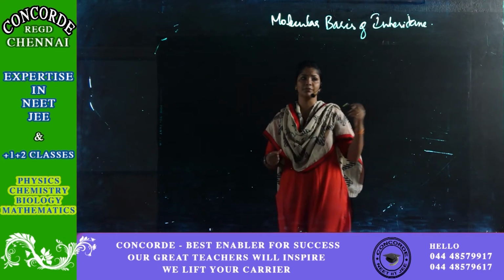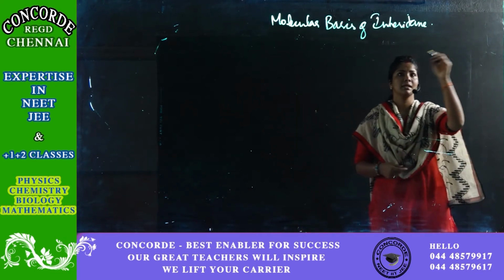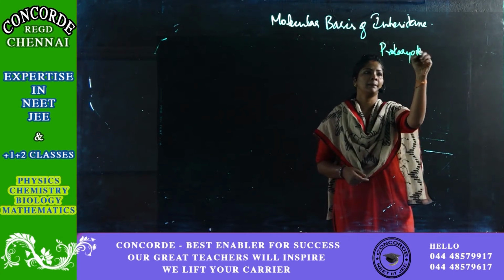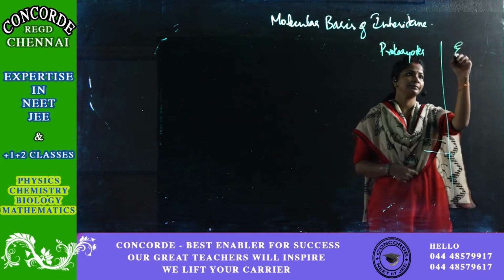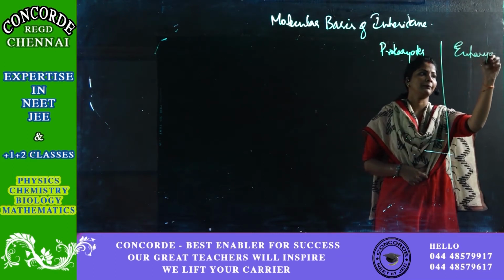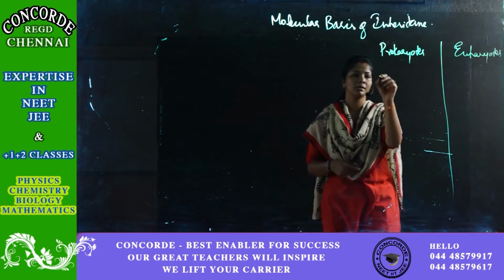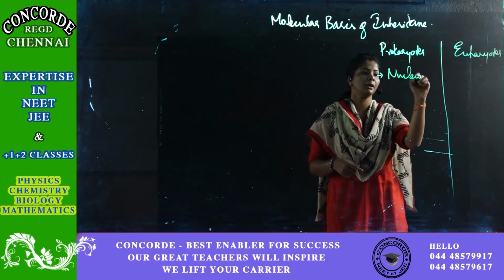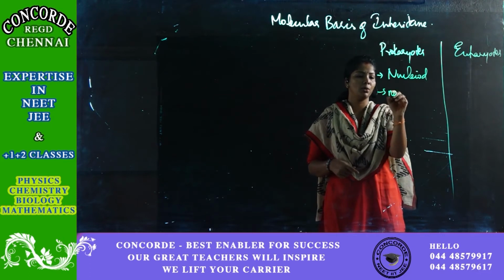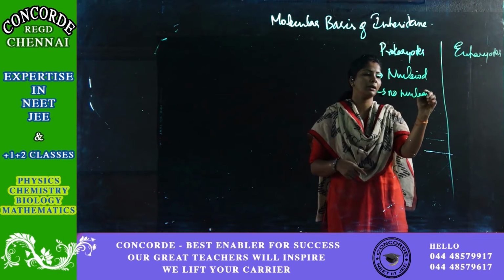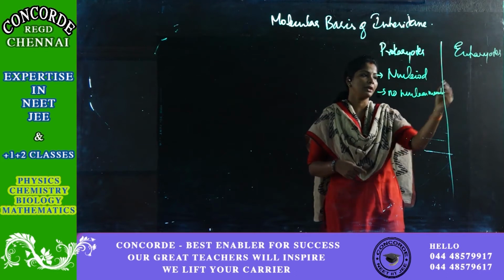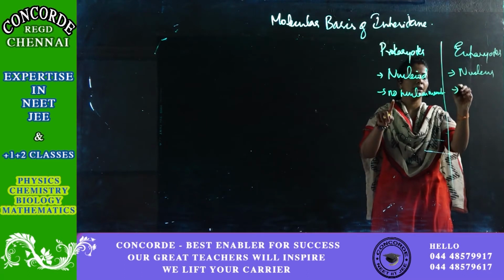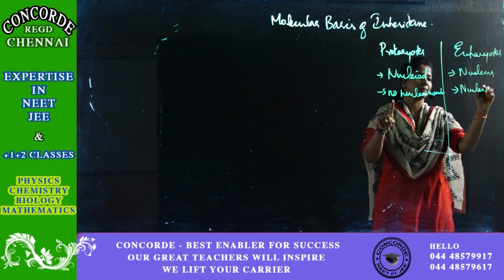As I told you before, I will differentiate this entire process as prokaryotes and eukaryotes. Basically, prokaryotes do not have a proper nucleus. They have something called a nucleoid, and the nuclear envelope or nuclear membrane is absent. Here in eukaryotes, it is properly called a nucleus and the nuclear envelope is present.